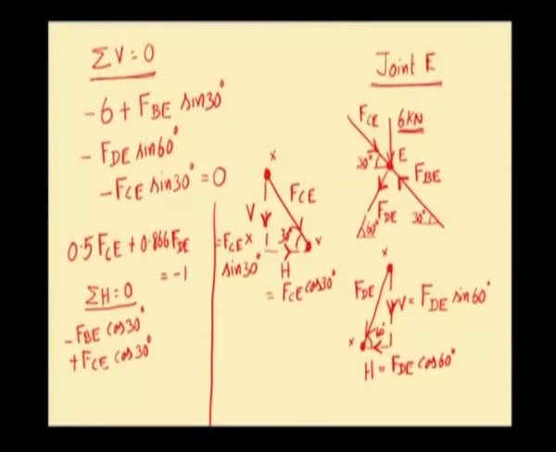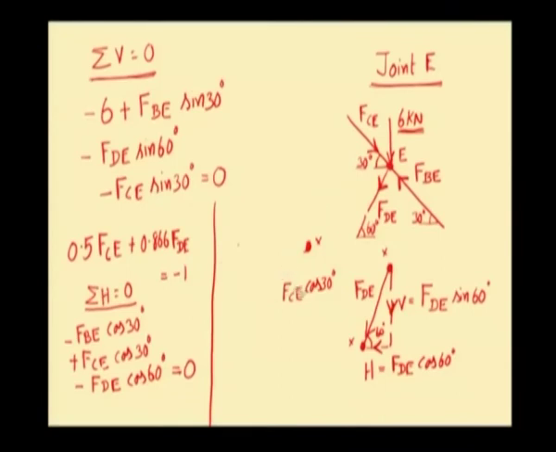The horizontal component of FDE moves towards left, so we have to put a negative sign for it. So, it is minus FDE into cos of 60 degree. These are the algebraic sum of all horizontal forces. We shall equate it to 0.